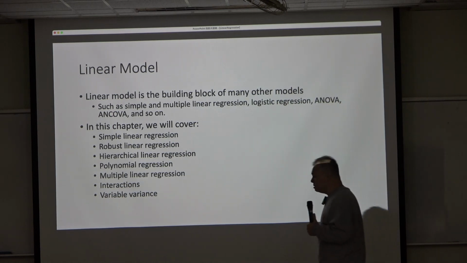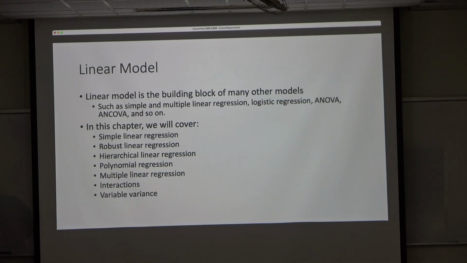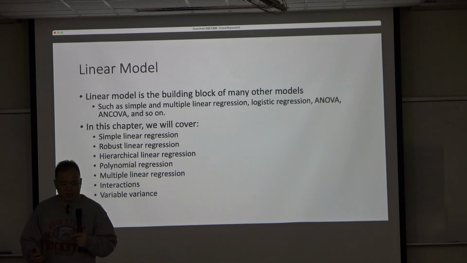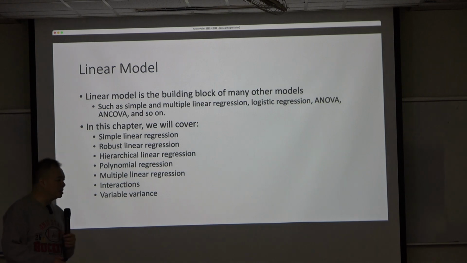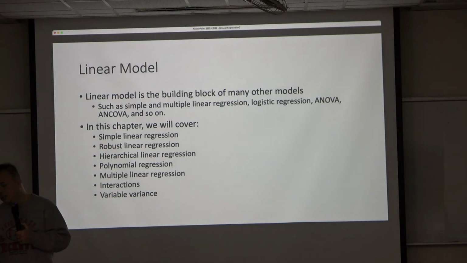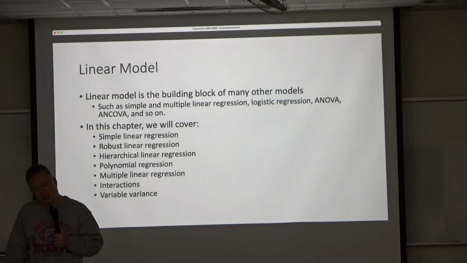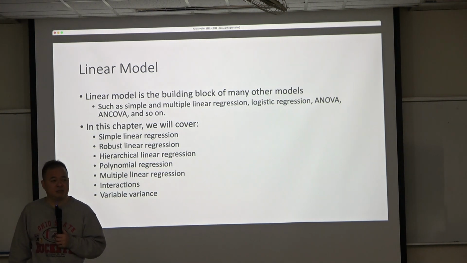In terms of models, I believe the last chapter and this chapter, as well as the next one, which I think is called generalized linear model, built obviously on top of the linear model, these three chapters basically cover, I cannot say 90%, but I would say the majority of Bayesian data analysis modeling.